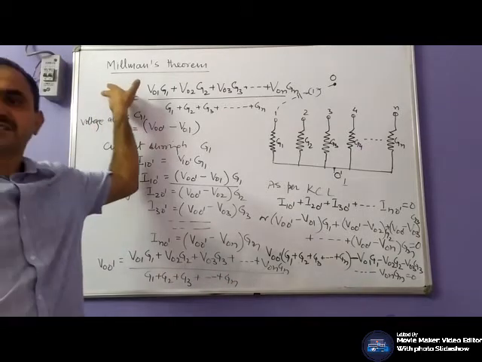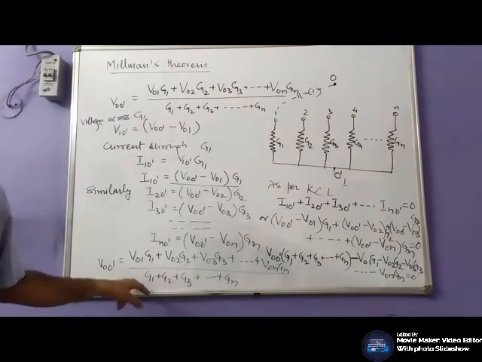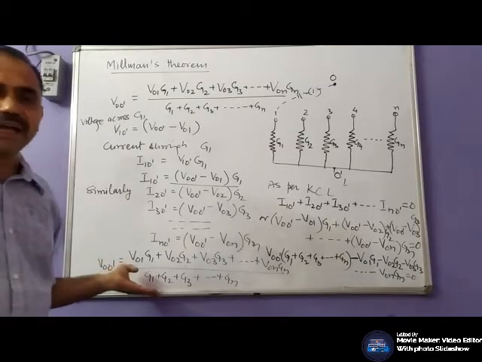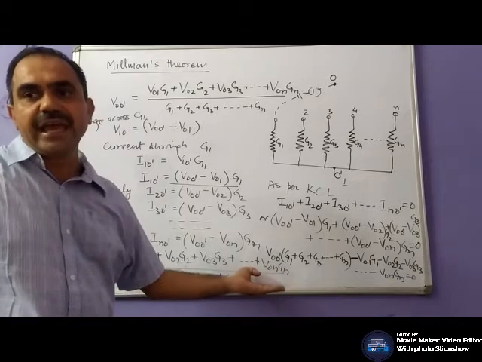What we have given in the statement, we have verified the same. So we can find out this voltage directly across any branch.